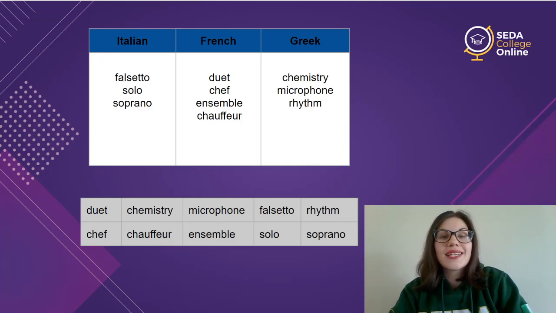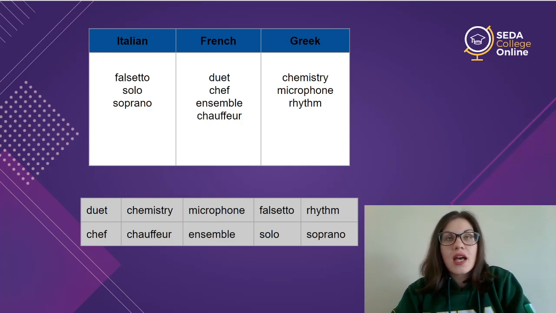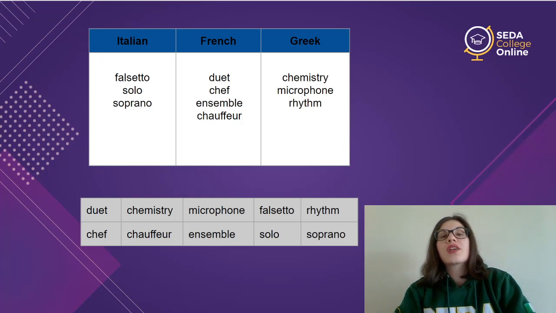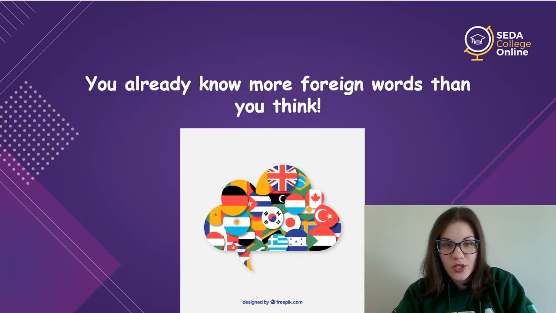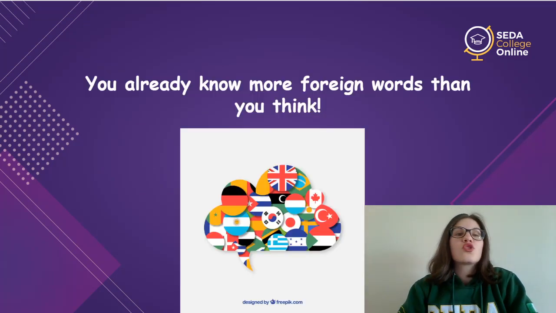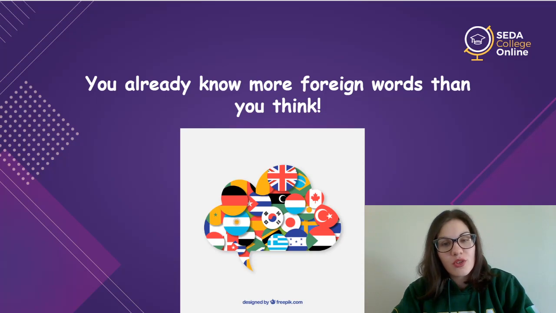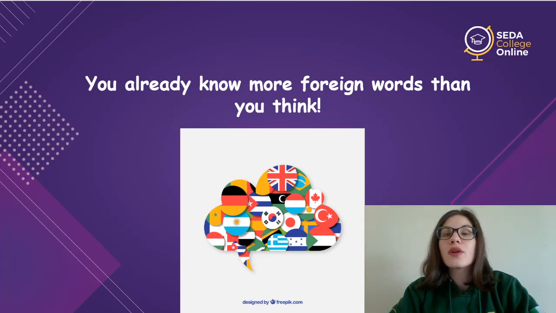And I want to turn it a little bit towards what languages have given words to the English language? I'm sure that you already know more foreign words than you think in English. Can you think of words in English that come from other languages similar to what we saw right now?